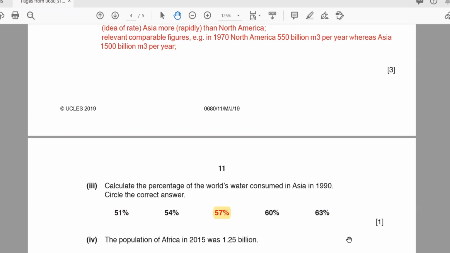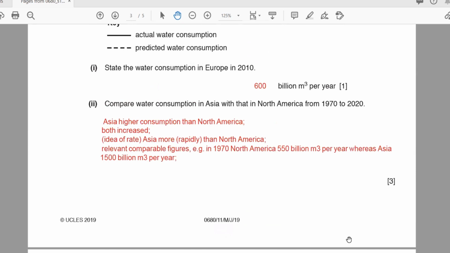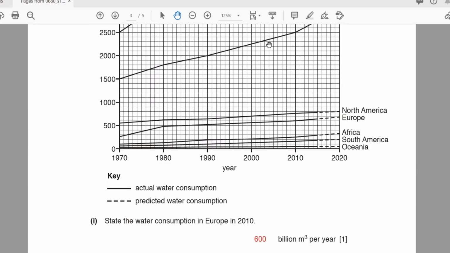Okay, after that, the population of Africa in 2015 was 1.25 billion. Use this figure and the graph to calculate the average water consumption per person per year in Africa in 2015. First of all, you have to see how much water was consumed in Africa in 2015, and then how much water per person.